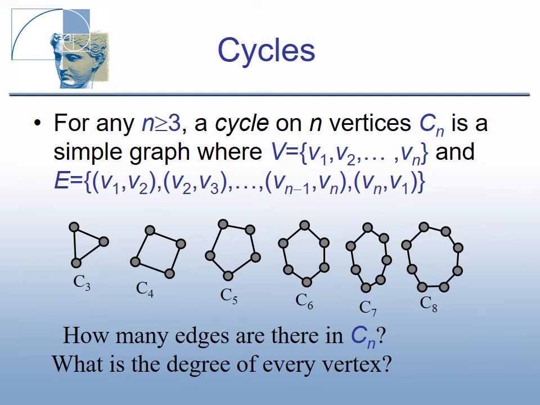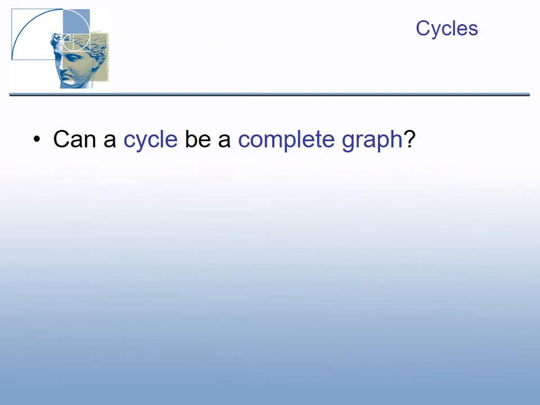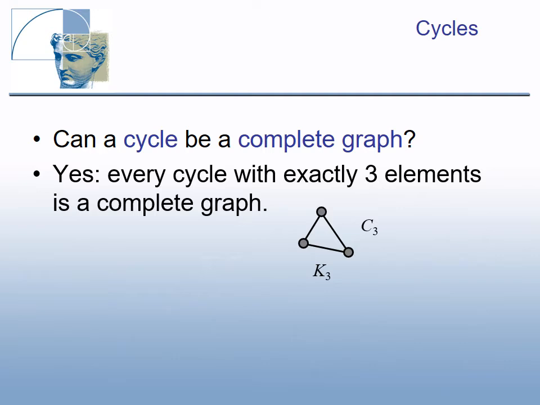I think that the answer for such a hard question is obvious for you. Yes, it is 2. Let me continue with questioning. Can a cycle be a complete graph? What do you think? The answer is yes for graphs with 3 elements, and no for others.